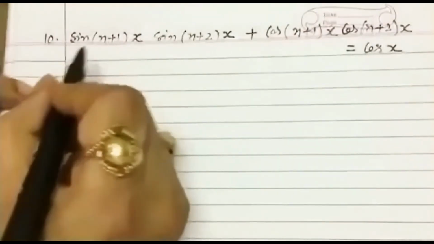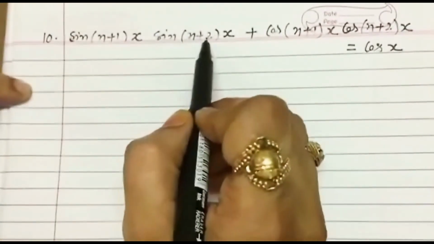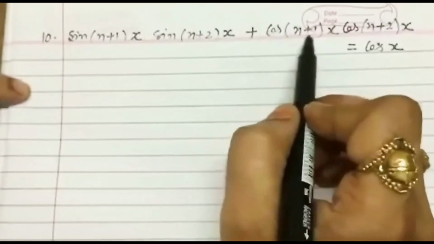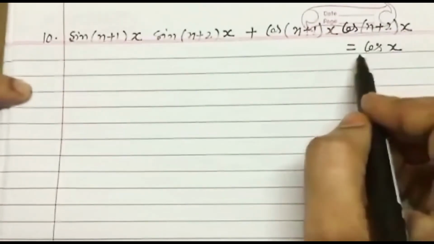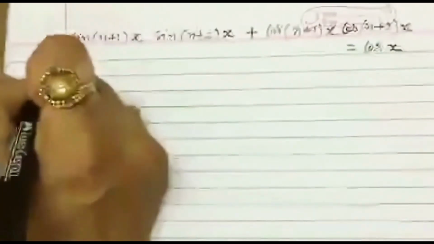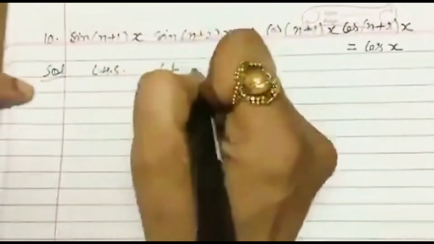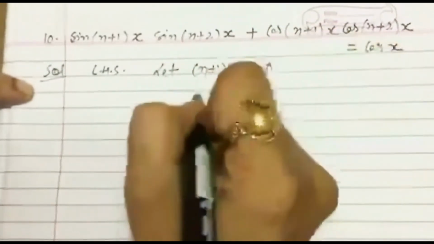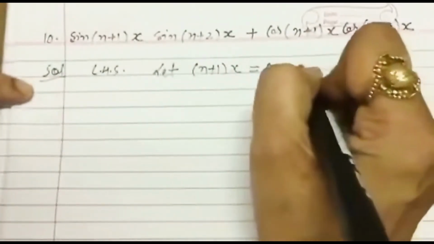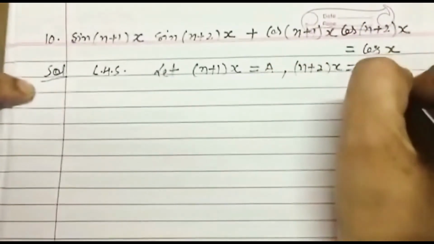Next question. The question is sin((n plus 1)x) sin((n plus 2)x) plus cos((n plus 1)x) cos((n plus 2)x) is equal to cos x. So from LHS, let (n plus 1)x be equal to a and (n plus 2)x be equal to b.